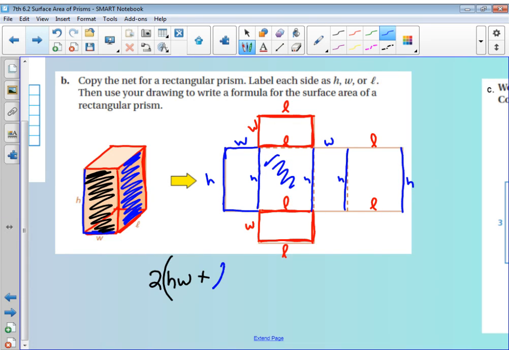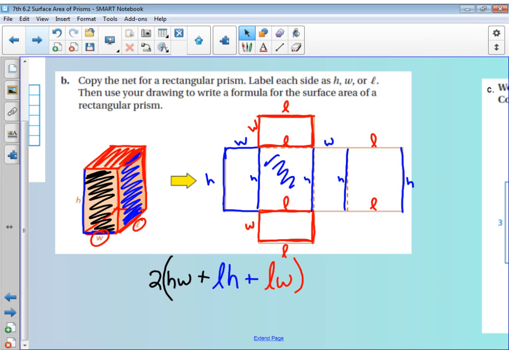So my L times my height. And then I've also got 2 of these, which were my W and my L, which is right here. And I've got 2 of every single one of those. So that would be the formula that you could then plug into.